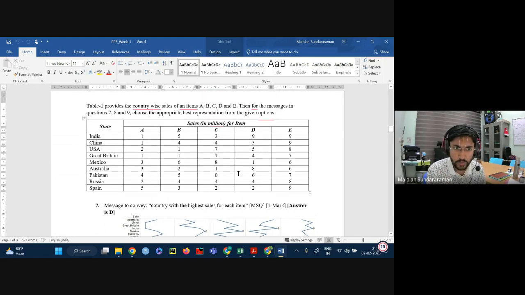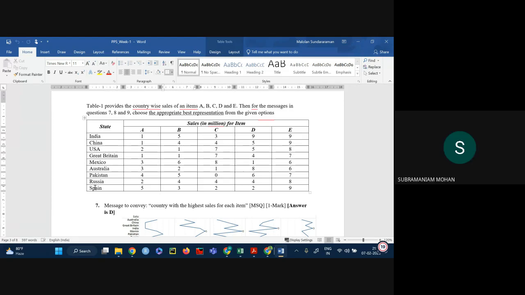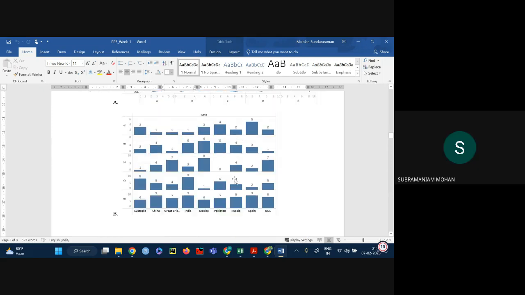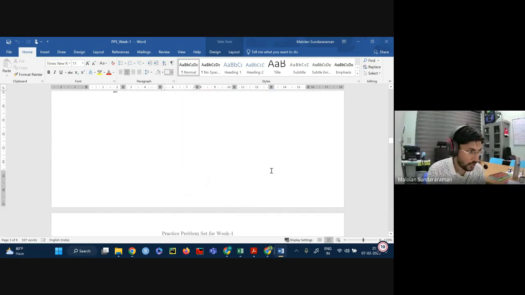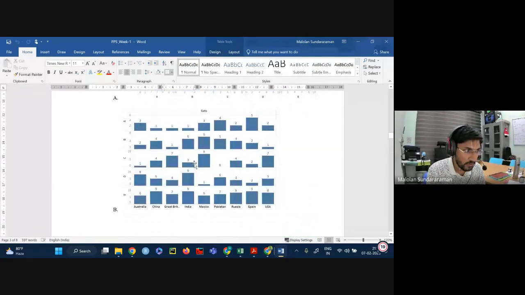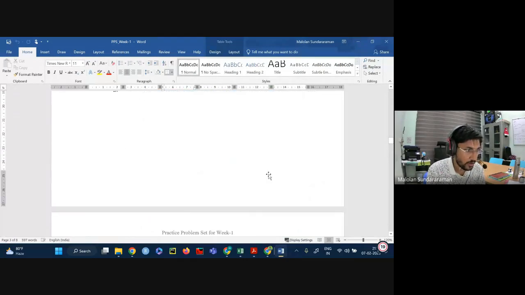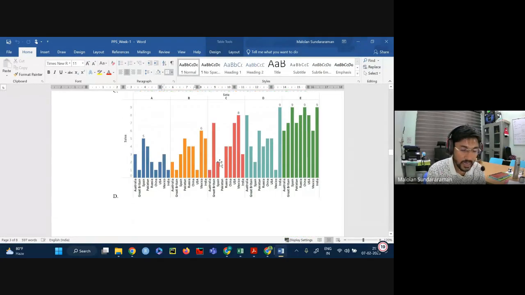I only want to present for each item which country has the highest sale. So what would intuitively make sense? A bar chart. Yeah. So I will have to choose a bar chart, and I have several of them here.